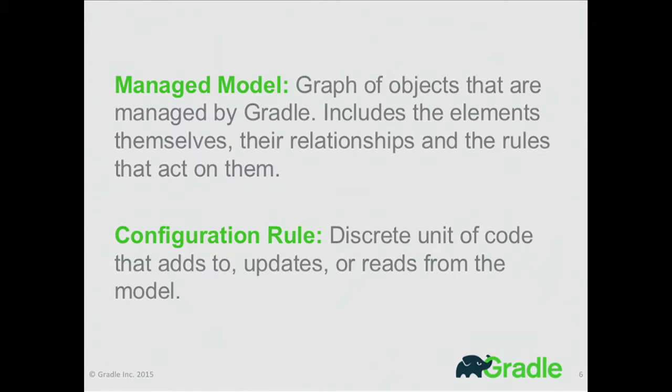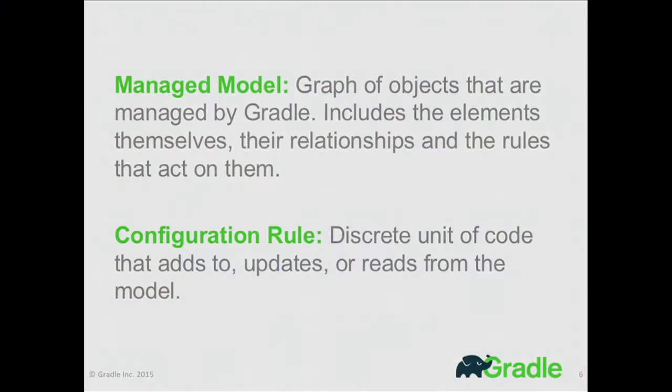All right, so there are some new concepts that we're introducing as part of this. The main two are what we call the managed model. Basically the managed model is the big graph of objects that Gradle manages internally. This includes the model elements themselves, their data, and their relationships between each other. This model element is a dependency of this other model element, it's an input to it.